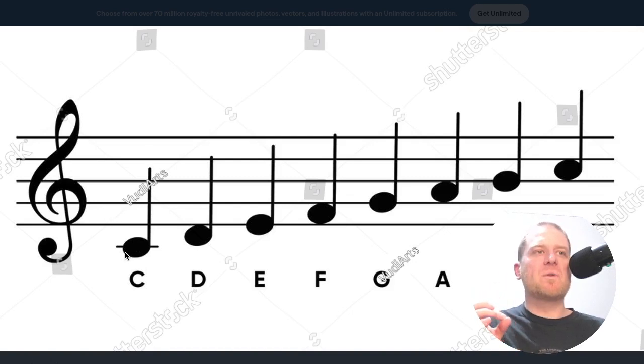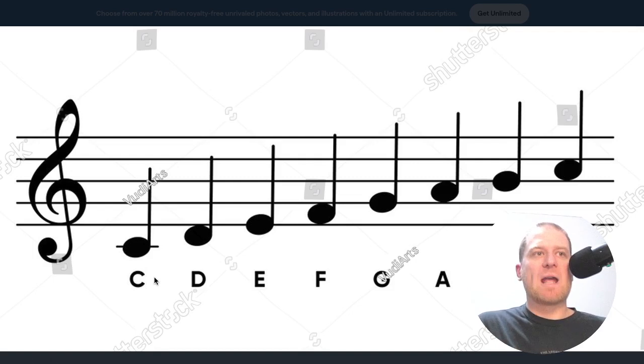Now, depending on where the circle is positioned, whether it's on a line, like here, or in a space between the 2 lines, and depending on the clef, that tells us what pitch of the musical alphabet the composer, or the person who has written down these instructions, wants played. It's just instructions. These instructions tell the musician what to play.